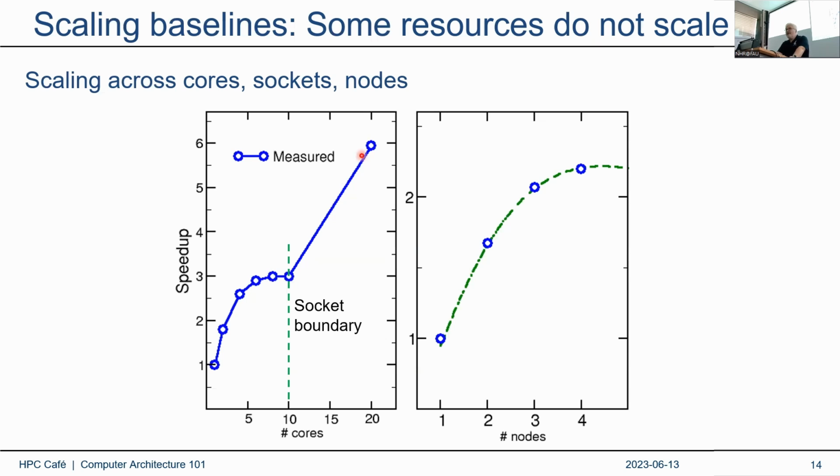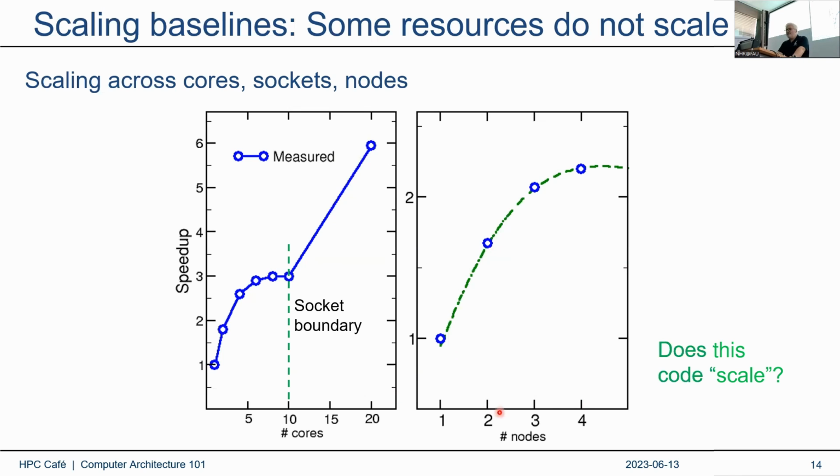All right. That's why it's so important to look at scaling baselines. If you want to answer the question, does my code scale? It's usually not easy to answer. You have to give multiple answers. Does it scale on the socket level, where we have this inherent memory bottleneck and also others like the L3 cache, which is shared? Does it scale between sockets? And does it scale across socket boundaries?